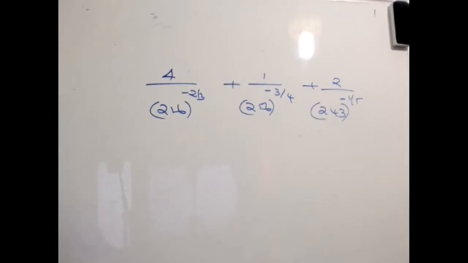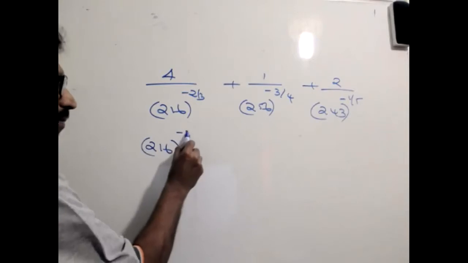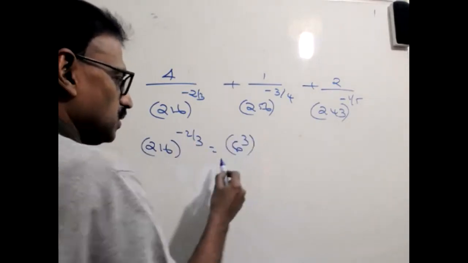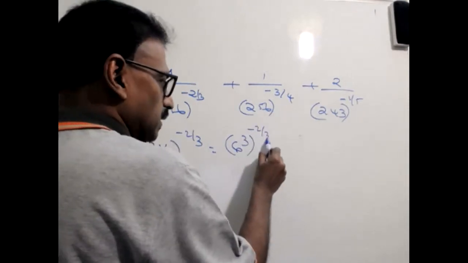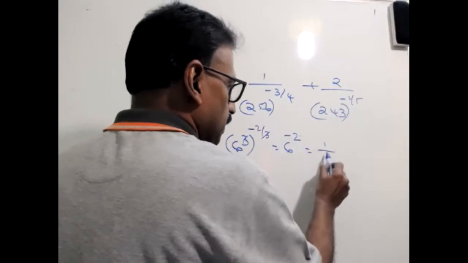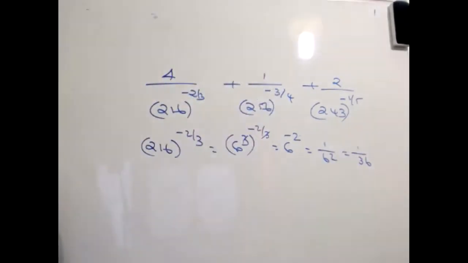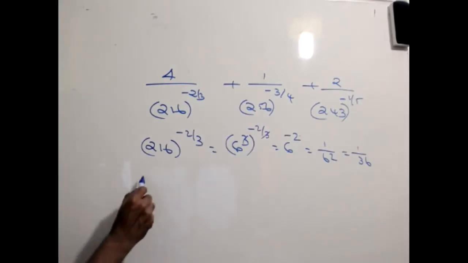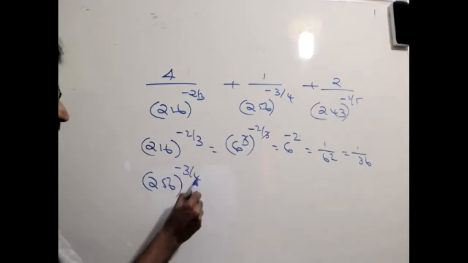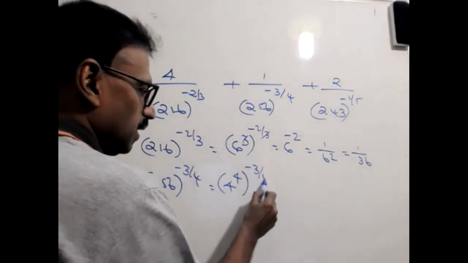Check one by one. 216 raised to minus 2 by 3. That is 6 cube raised to minus 2 by 3. Cancel. 6 raised to minus 2 equal to 1 by 6 square equal to 1 by 36. This is the first part. Then 256 raised to minus 3 by 4, that is 4 raised to 4 raised to minus 3 by 4.